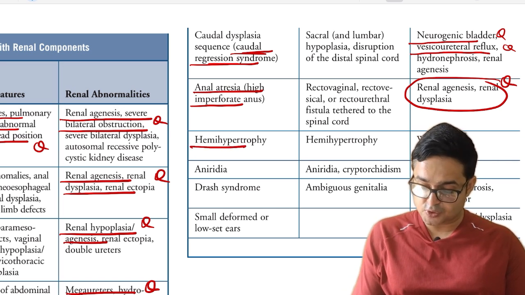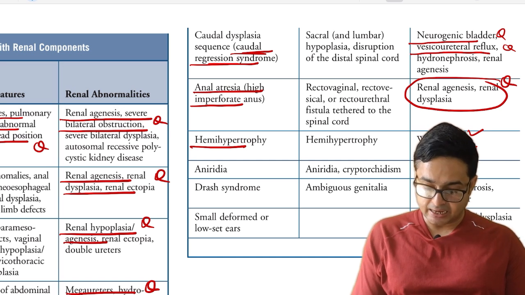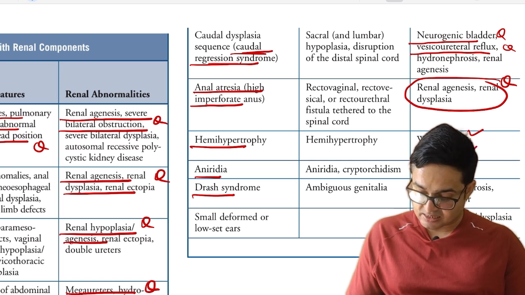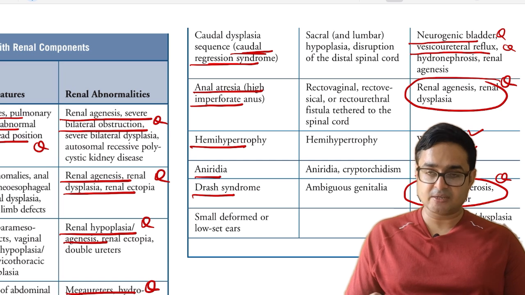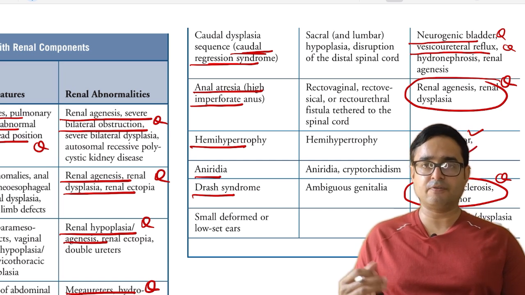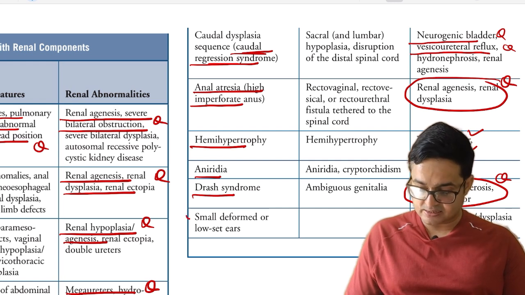Hemihypertrophy, Wilms tumor, hypospadias, we are all aware. Aniridia, Wilms tumor. Denys-Drash syndrome: nephropathy, mesangial sclerosis and Wilms tumor. We have discussed this Drash syndrome under the heading of nephrology. You can go through my videos and playlist. Small, deformed or low set ears in renal agenesis or dysplasia.